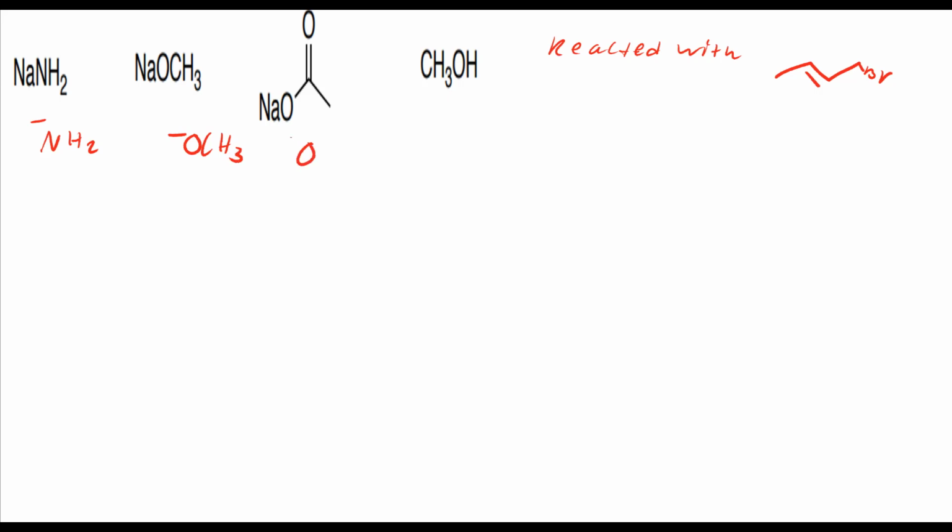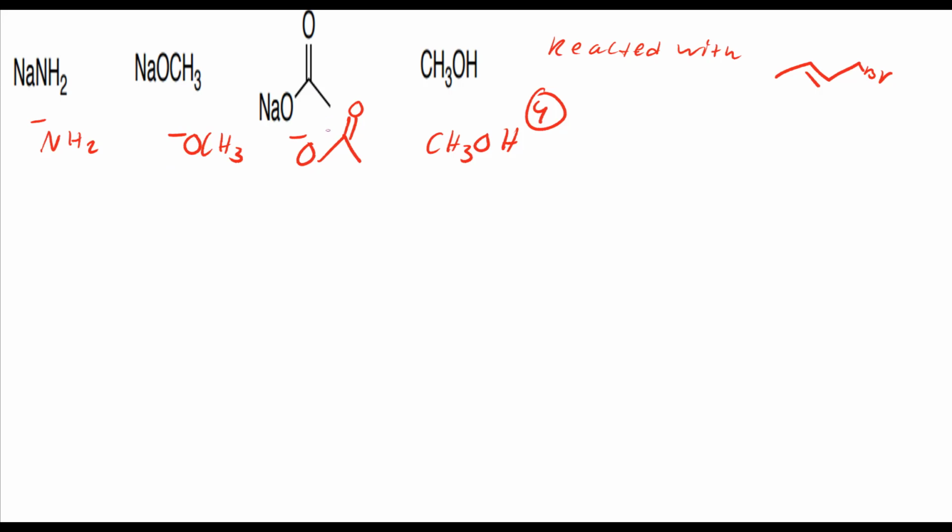And then we have a negative oxygen as well. And then we have a neutral OH. So first of all, if I'm ranking from 1 to 4, this is going to be number 4 because it's not even negative. It's neutral, right? There's no metal group. Now we have to figure out which one is going to be number 1.